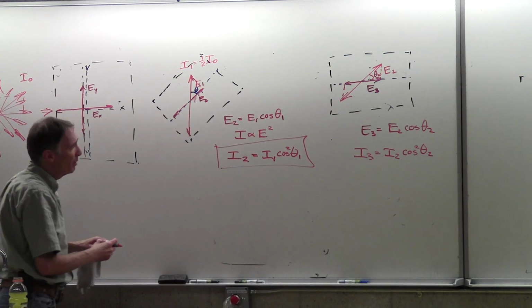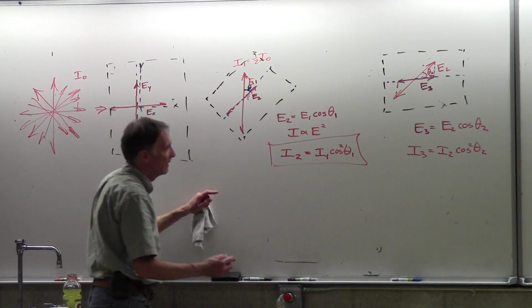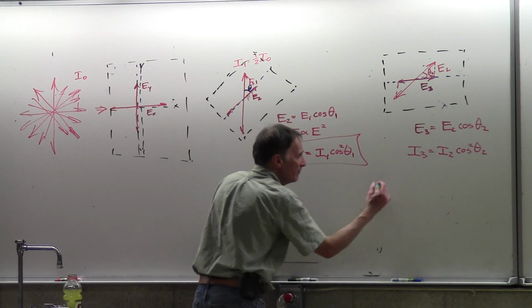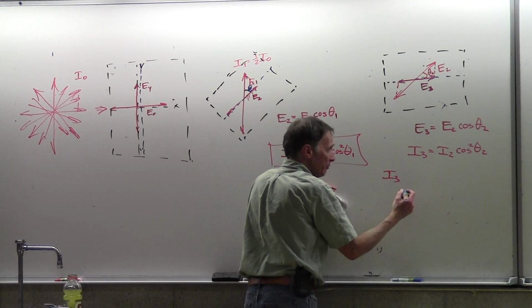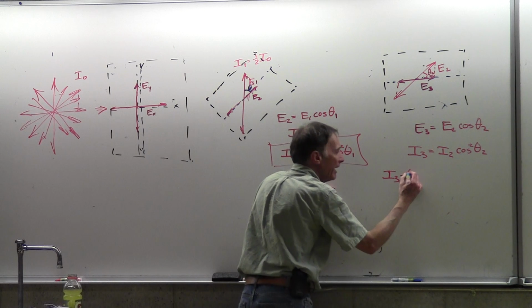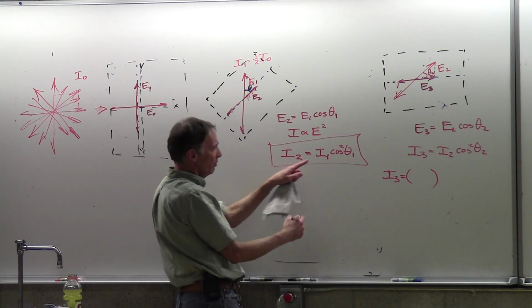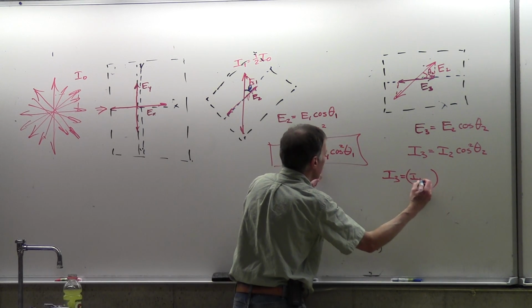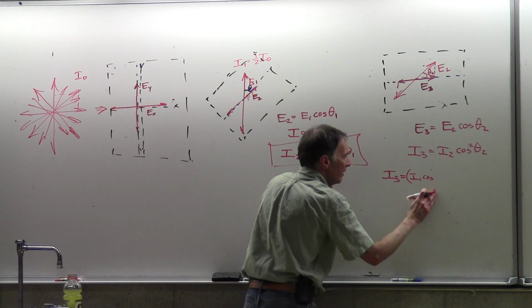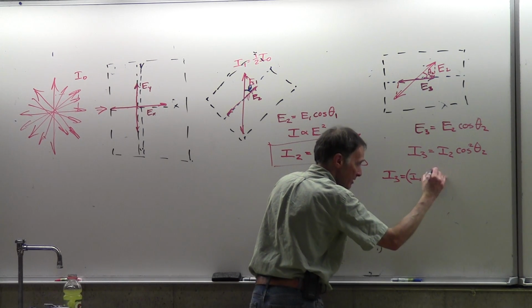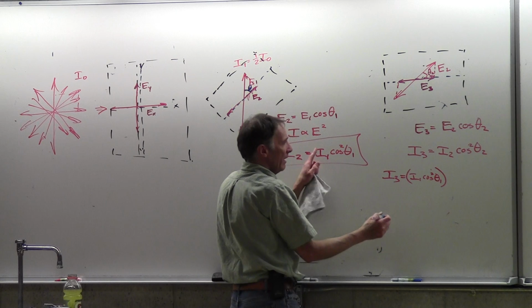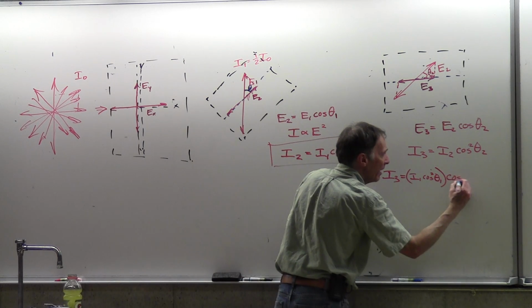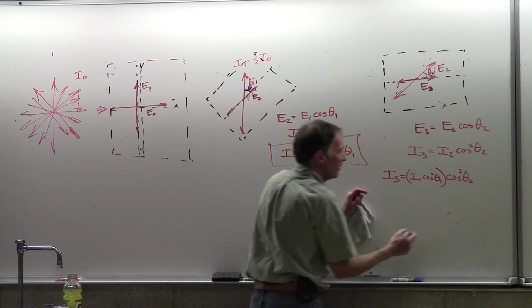So you can put all this together. You can say that I3, the intensity through the third one, is going to be I2. I2 was I1 times the cosine of theta 1 squared times the cosine of theta 2 squared.